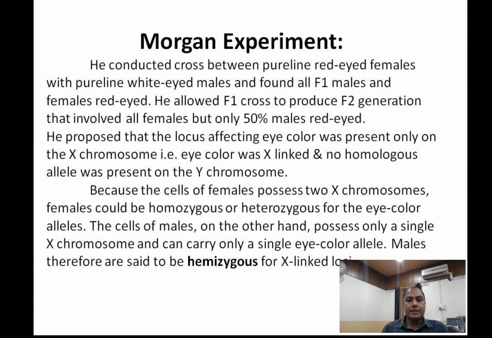This was consistent with Mendel's principle of dominance. He then allowed the F1 to cross among themselves to produce the F2 generation. He found that all the females in the F2 generation were red-eyed, but 50% of males were red-eyed and 50% were white-eyed.